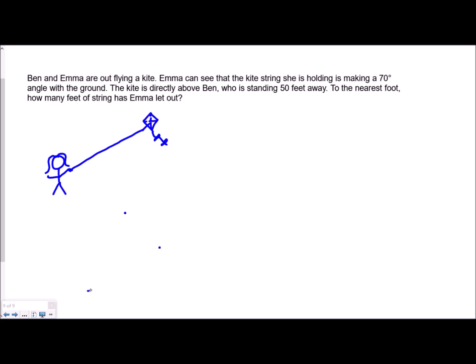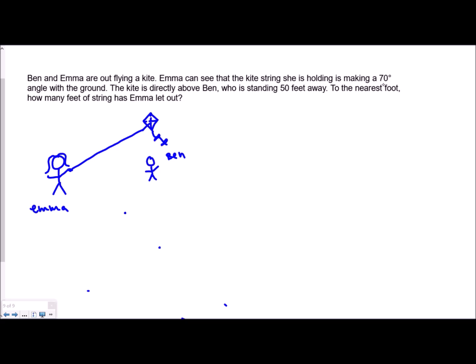There we go. There's Emma and her kite. And then the kite is directly above Ben. So Ben must be far away, so he must look a little smaller. Ben, Emma.